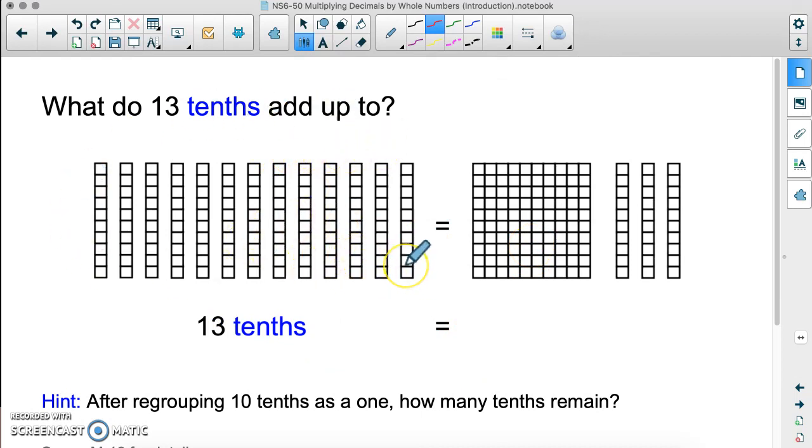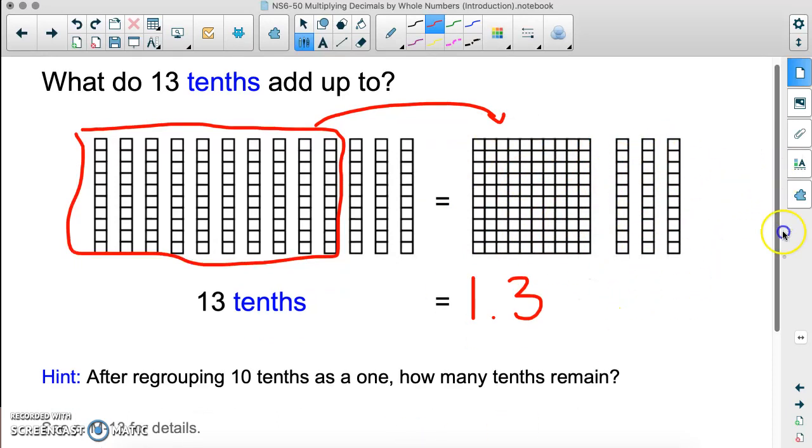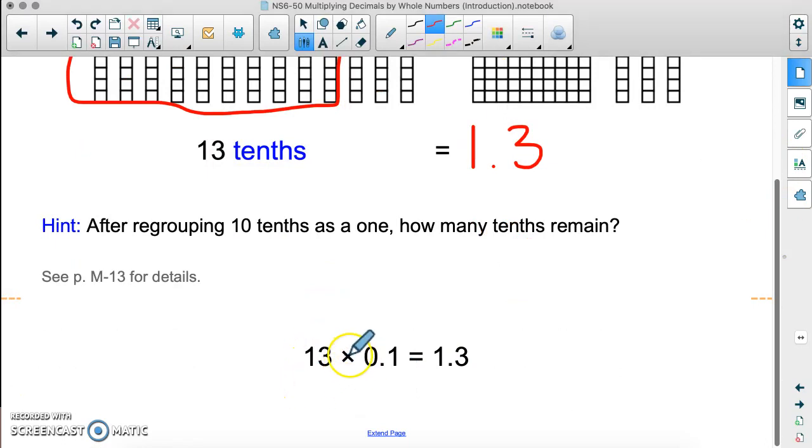You can regroup 10 of these tenths as a 1, and then you have 3 tenths that remain. So 13 tenths add up to 1.3. You have 1 whole and you have 3 tenths. So therefore, we can write it out as 13 times 0.1 equals 1.3. So my decimal place is moving 1 to the left.